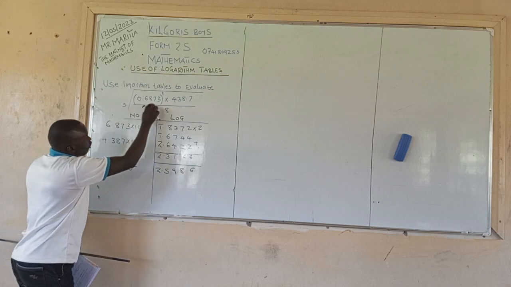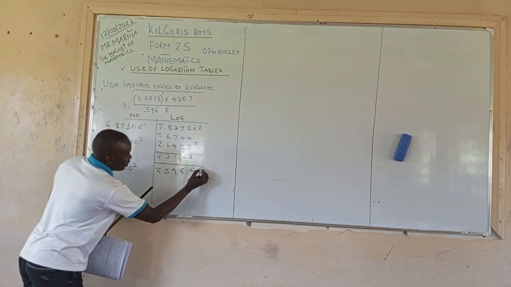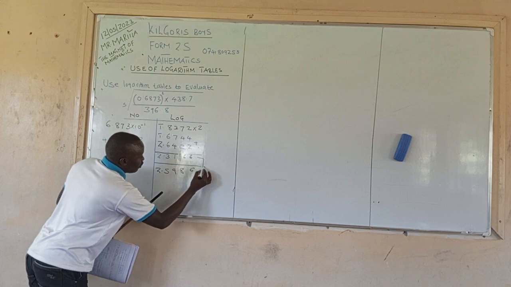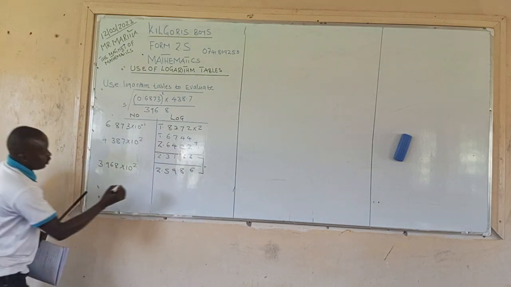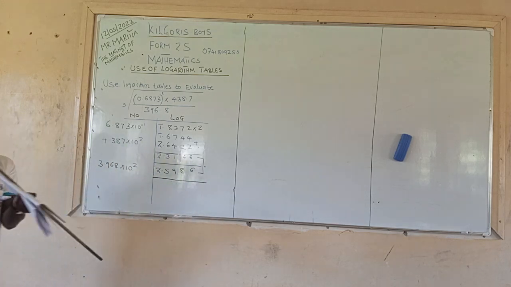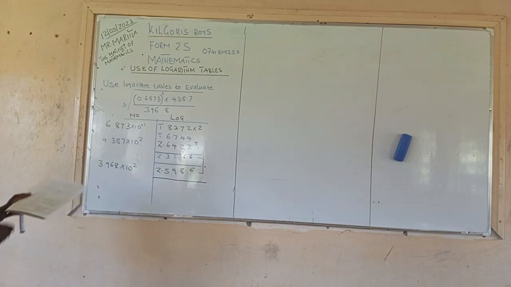Because we are talking of division, we now subtract these two. If we do our subtraction there, what can we have?